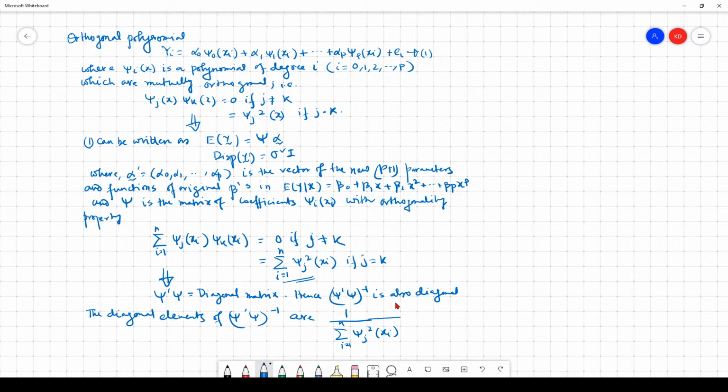Then we get, using least squares estimation, alpha curl hat which is equal to psi prime psi inverse psi prime capital Y. This is obtained from the normal equations of the least square technique.